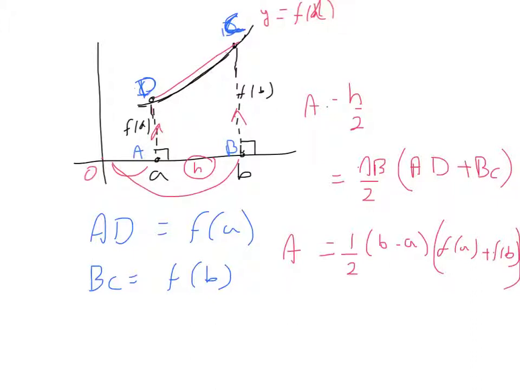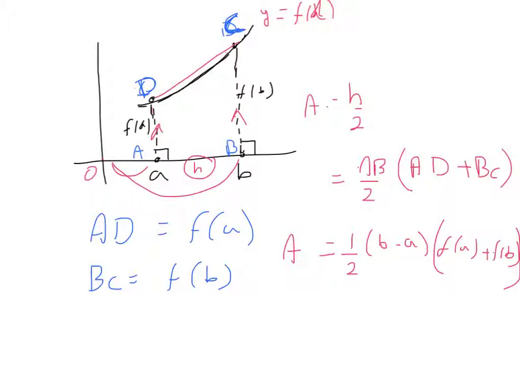This leads us to finding approximately the area under the curve y equals f of x. This is what we call the trapezoidal rule, and the formula is used for only one application.